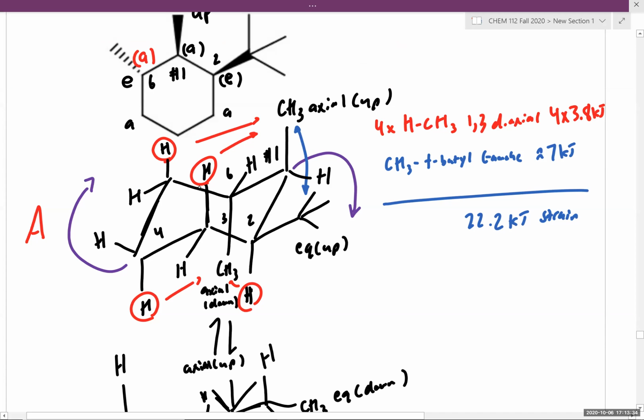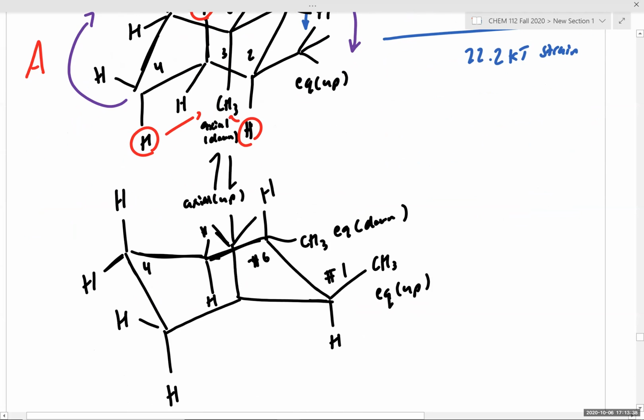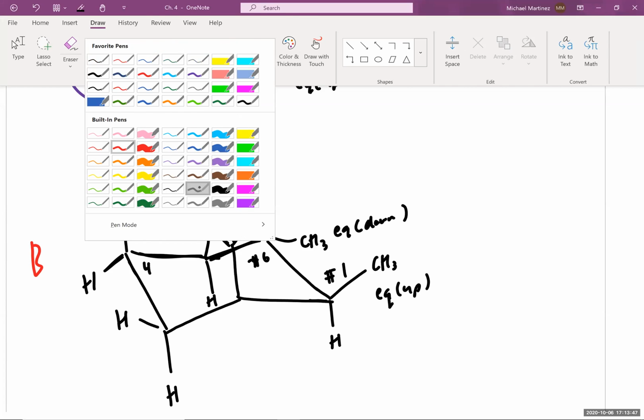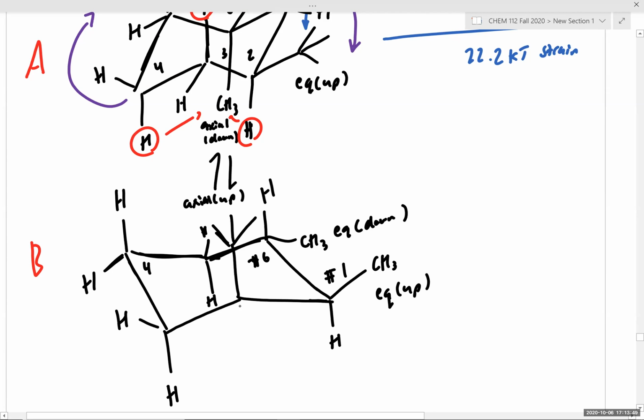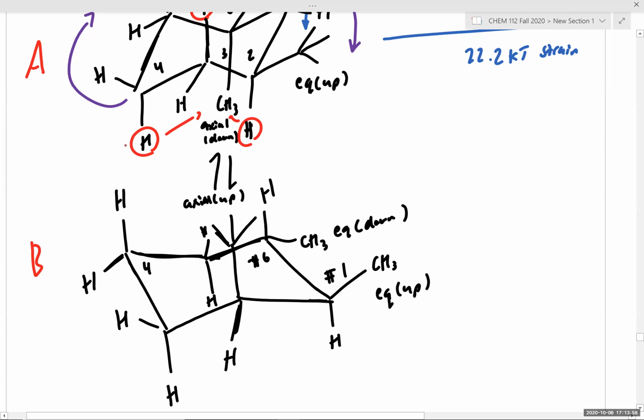Let's look now at structure B. And this is where the T-butyl group really begins to be problematic. So, looking at structure B, what interactions do we have in structure B?